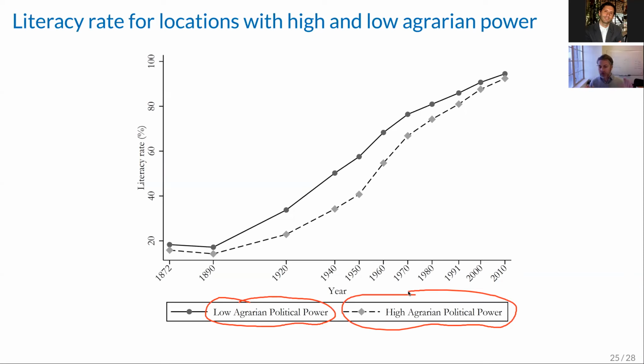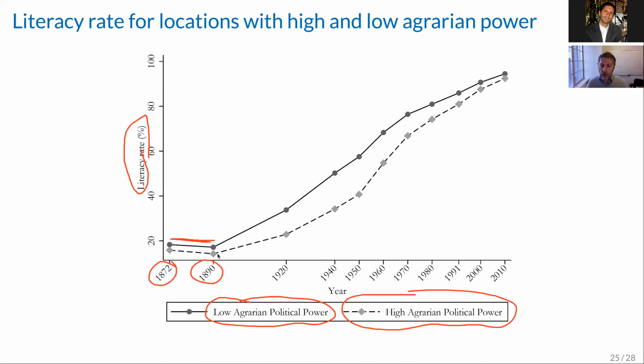This is just separating above and below the median, right? And you can see that if you look at the 1872 and the 1890 census, the literacy rate in those places looks kind of similar and trends in a similar way.